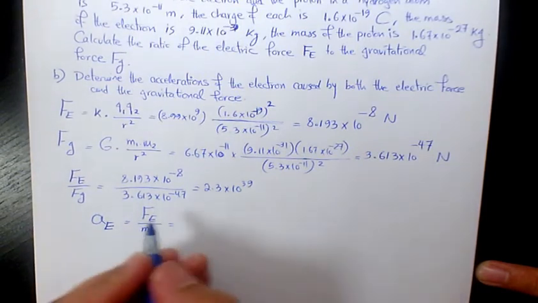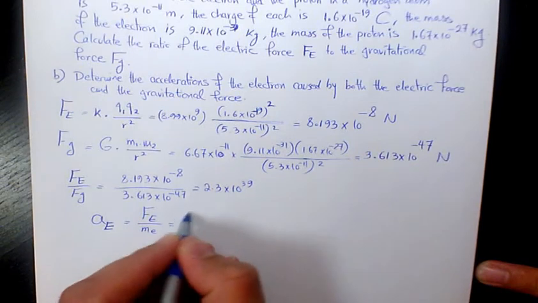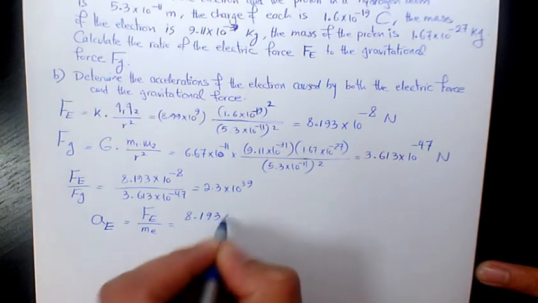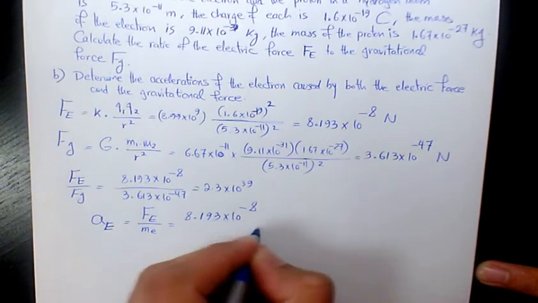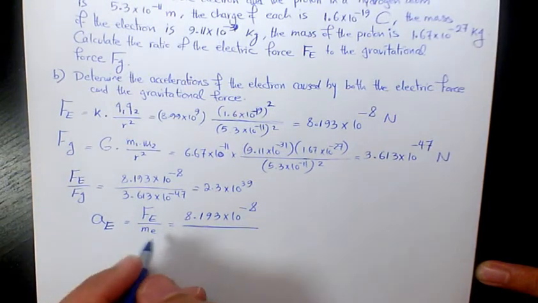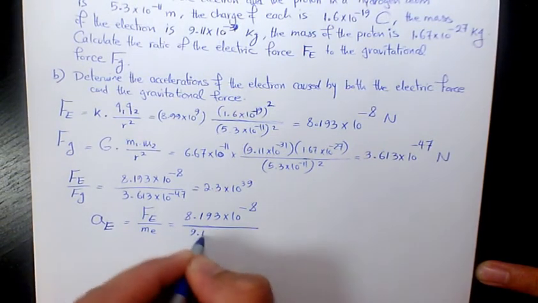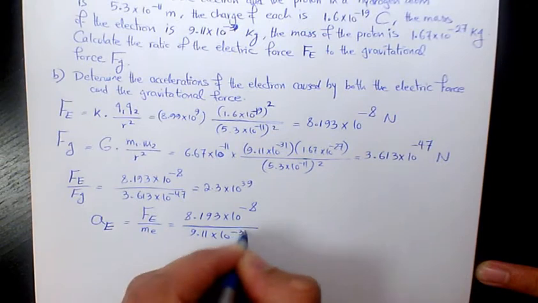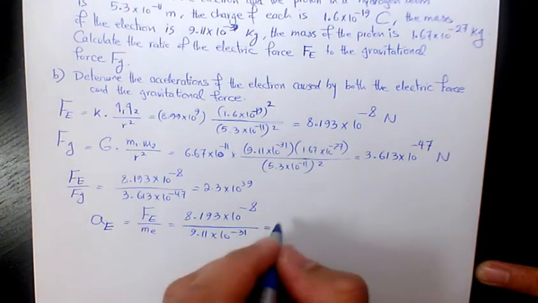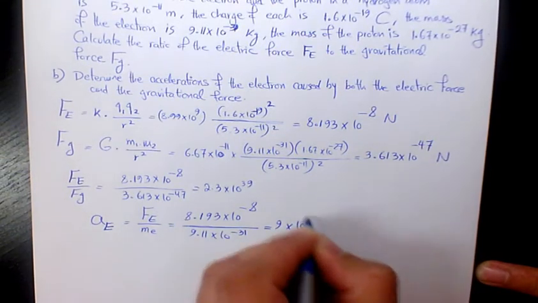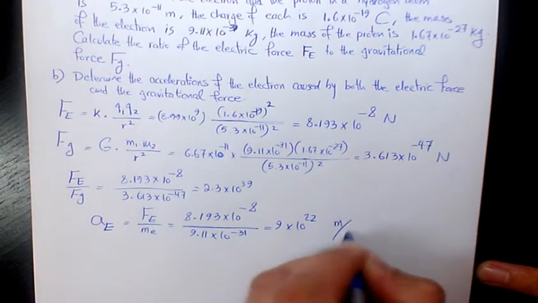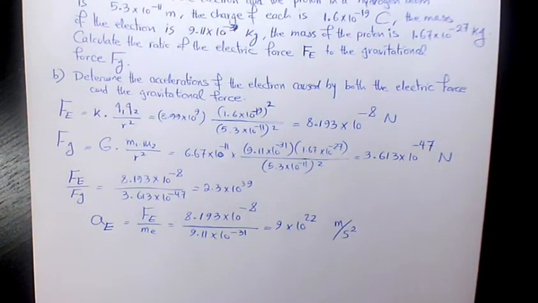Fe is 8.193 times 10 to the power of negative 8 divided by Me, which is the mass, 9.11 times 10 to the power of negative 31. That's going to give me 9 times 10 to the power of 22 meters per second squared.